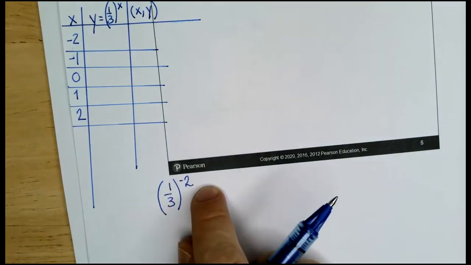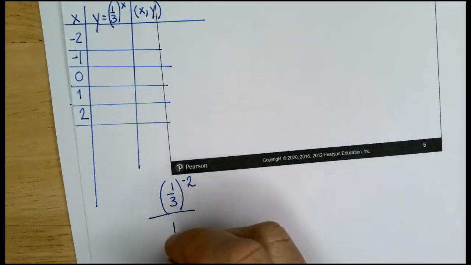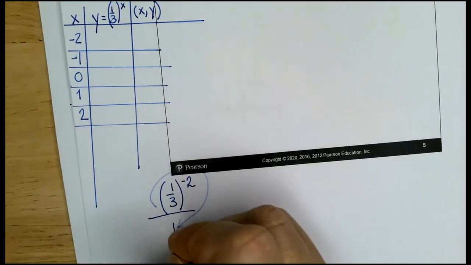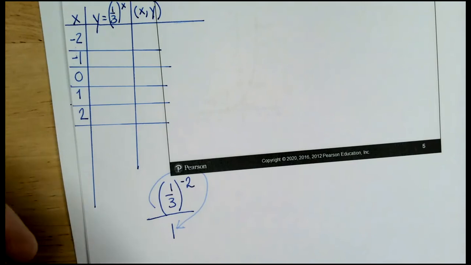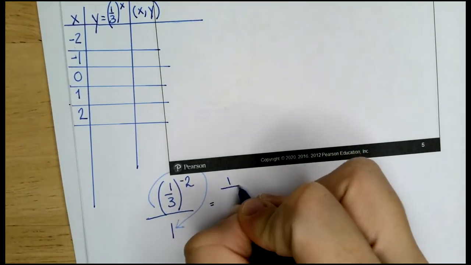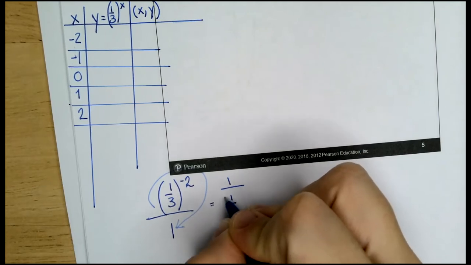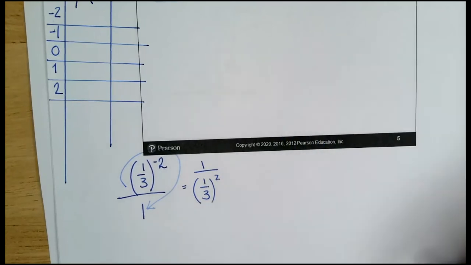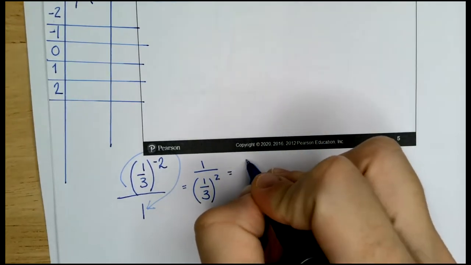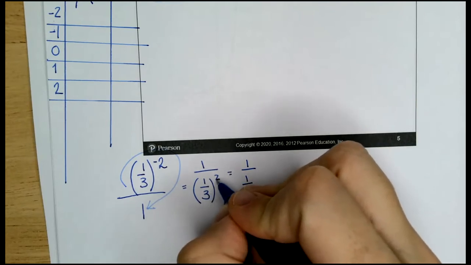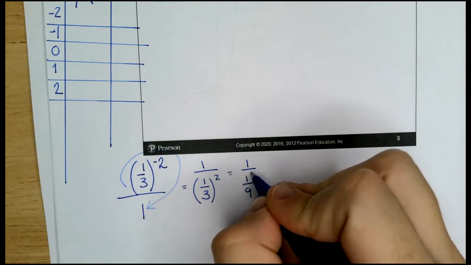And last time when we had 3 to the power of -2, we made it into a fraction and we moved it across the fraction bar, right? So I'm going to do the same thing. So now it's 1 over (1/3) squared. If I want to square a fraction, all I do is square the top and the bottom. 1 squared is 1. 3 squared is 9.